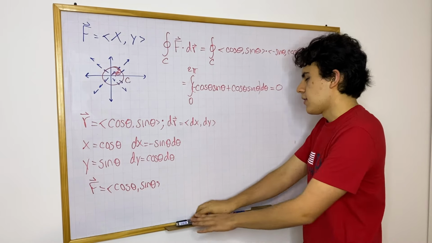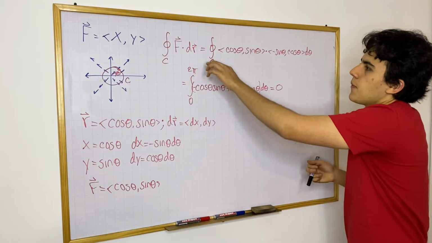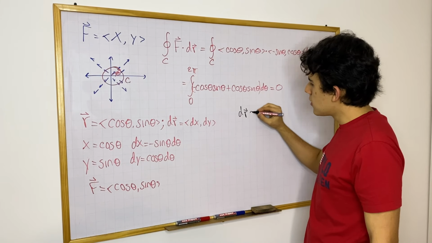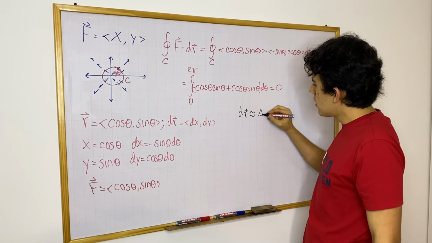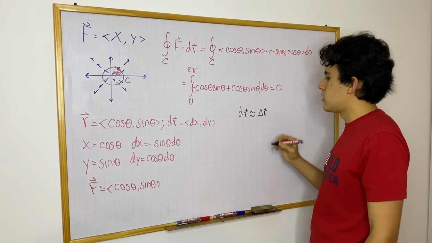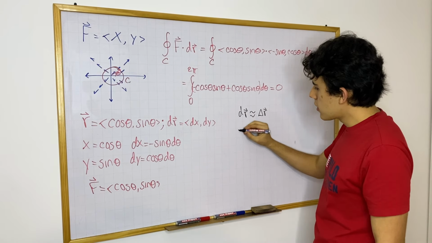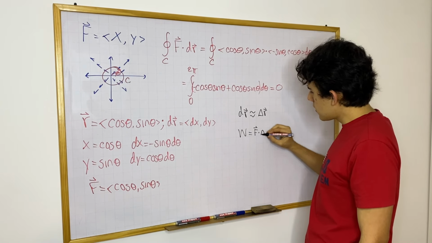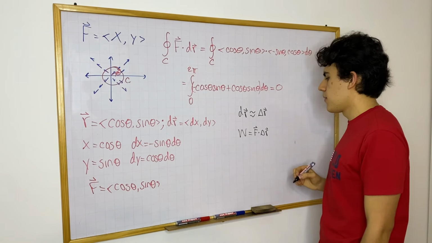If you've taken physics, let me show you this. Let's say that dr, in physics terms, is the same as some non-infinitesimal displacement, delta r. You know that work is our vector f dot dr, or delta r.